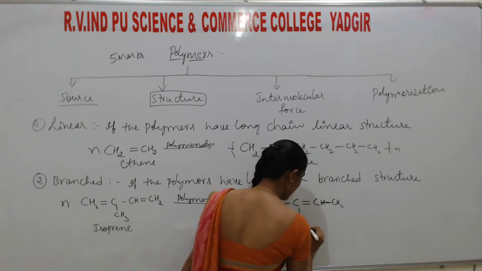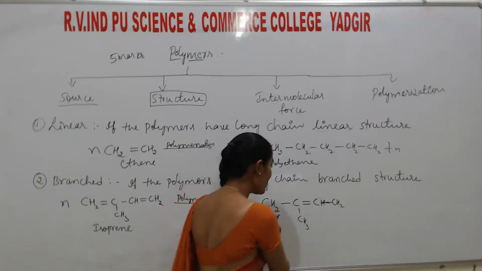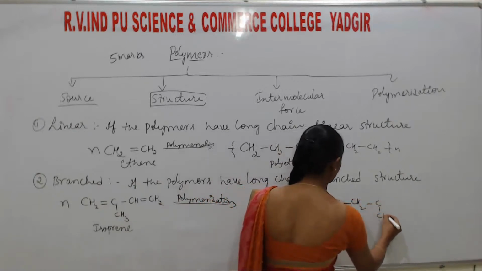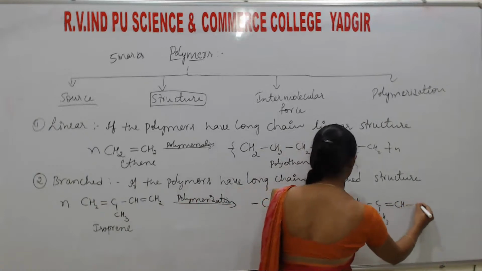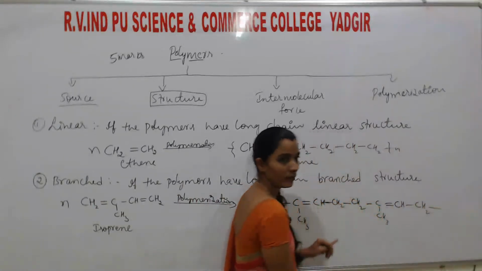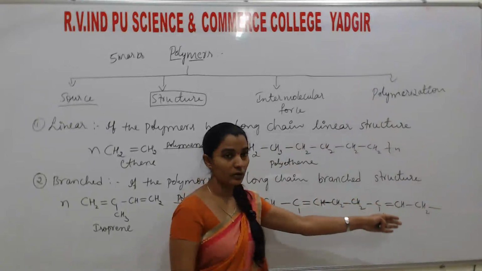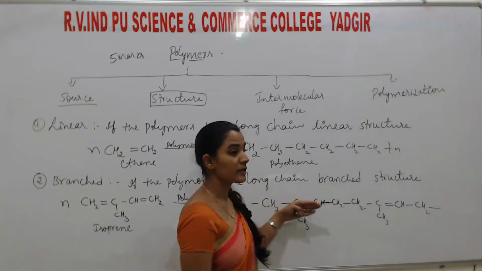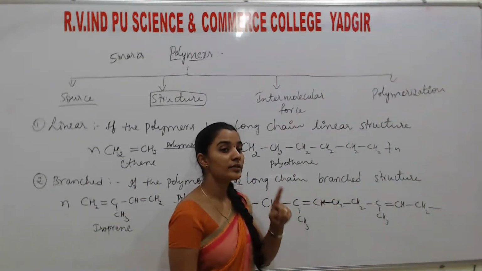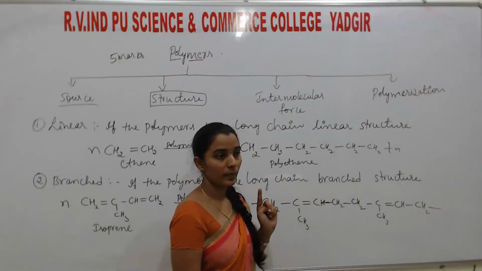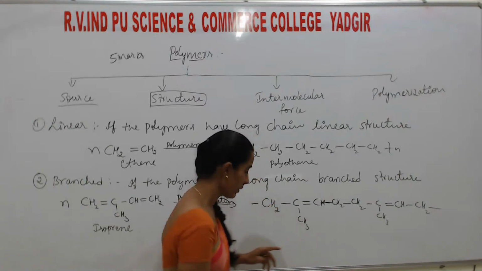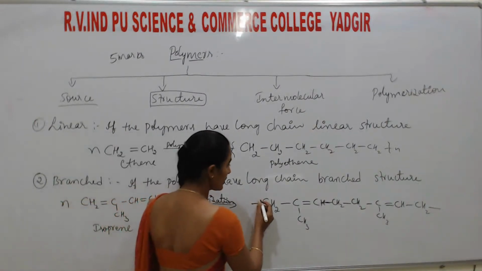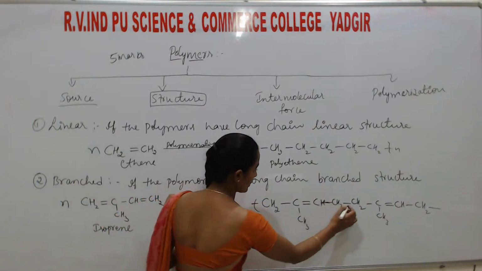Then CH2, this is CH3. Students, the same unit repeats again from here: CH2, CH3, double bond, CH, CH2. Understand? A number of isoprene units connecting with each other to form a polyisoprene is called natural rubber. This is the monomer of natural rubber, repeated n times.